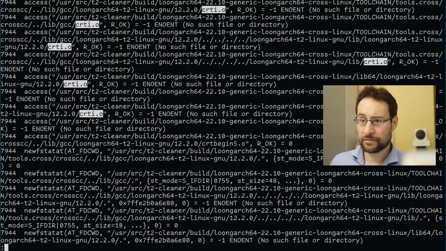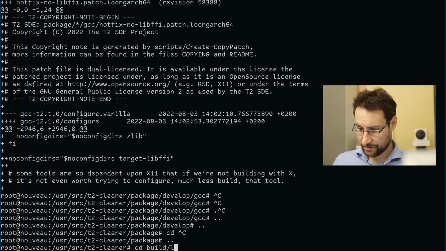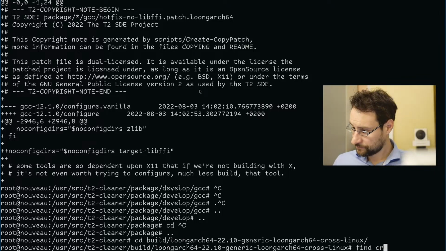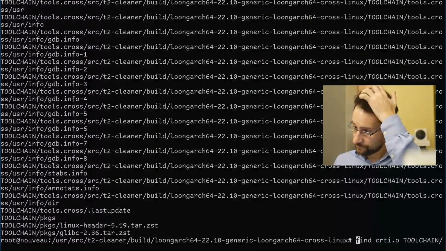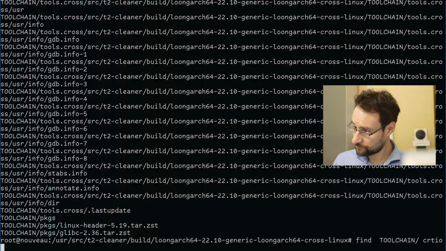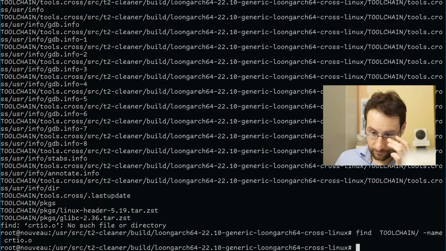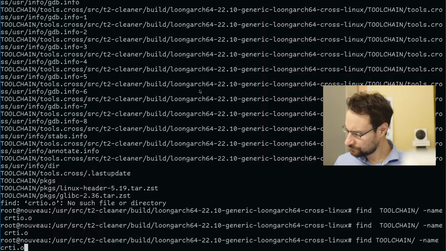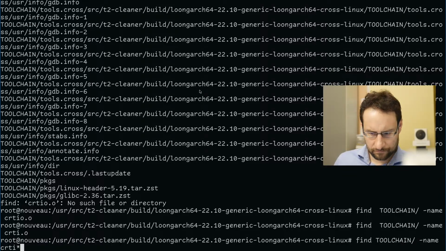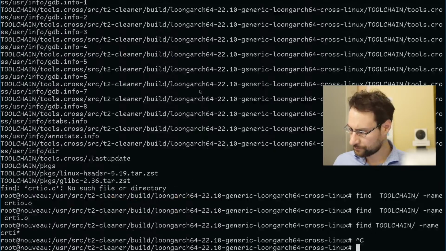So where is it? libgcc LoongArch. Actually, we could also compare this. Also, the good thing with all the architectures. Did I even look for the right file?